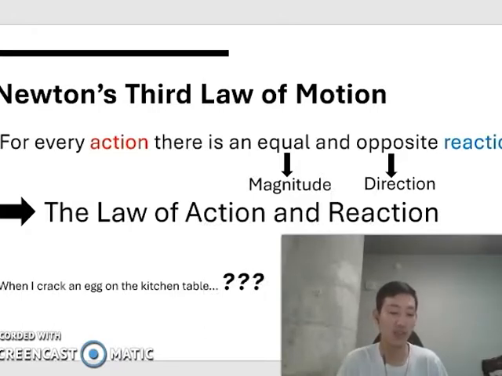So in this case, two objects apply a pair of equal but opposite forces on each other, which result in what we call action and reaction. Therefore, Newton's third law of motion is also known as the law of action and reaction.